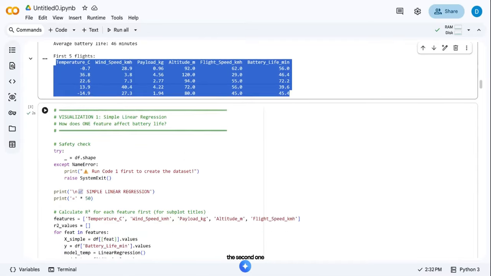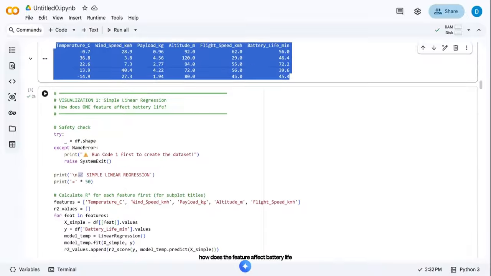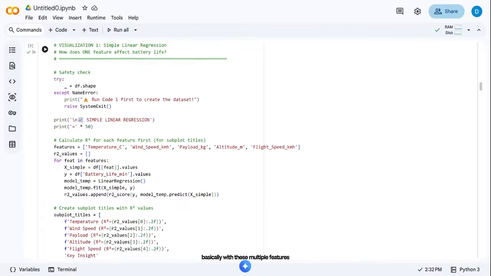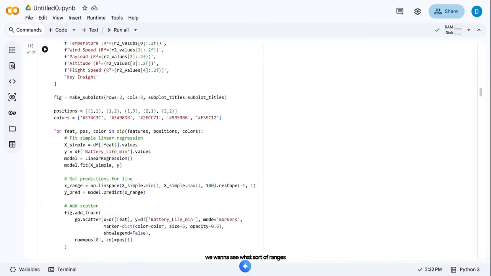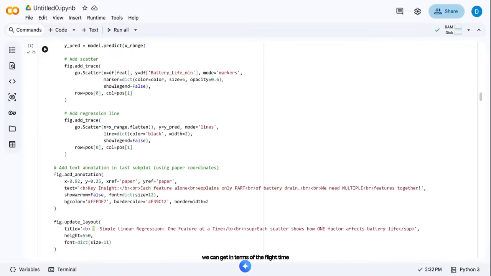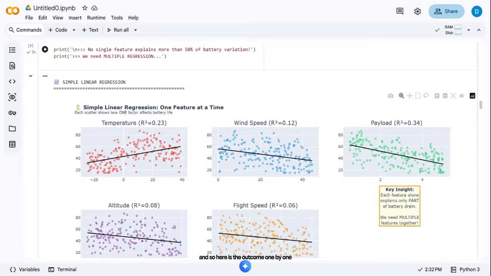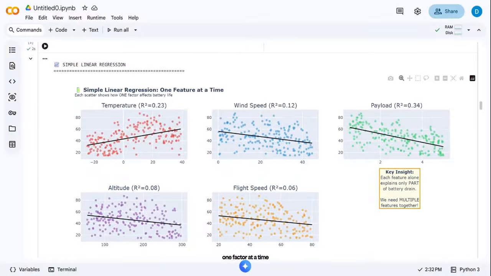The second one: how does each feature affect battery life? With these multiple features, we want to see what sort of ranges we can get in terms of flight time. Here is the outcome, one factor at a time. The first one, with red dots: if the temperature is minus 20, the flight time is much lower, but if the temperature is 40 degrees, the flight time increases.